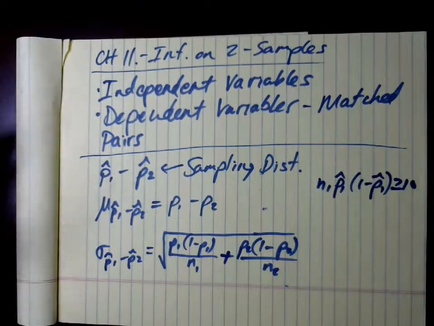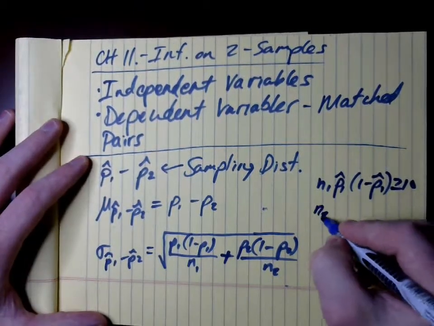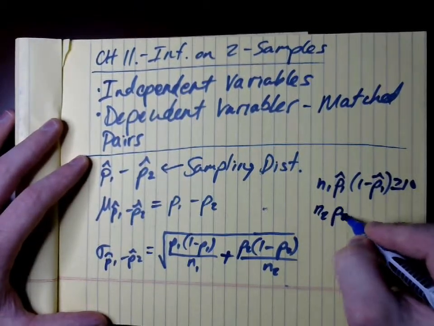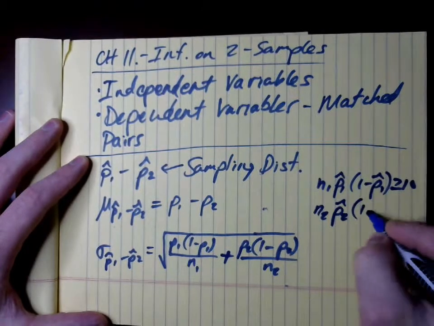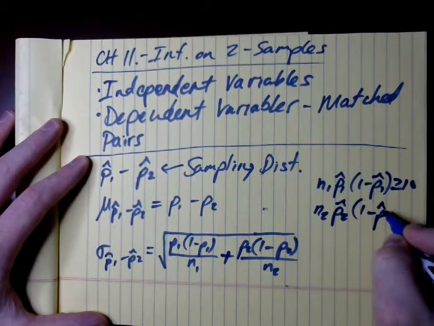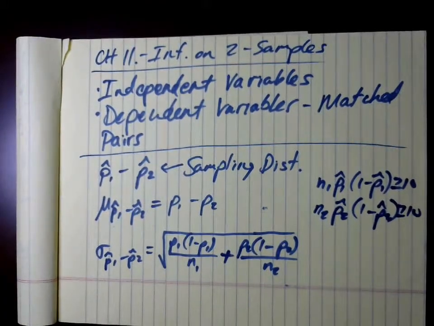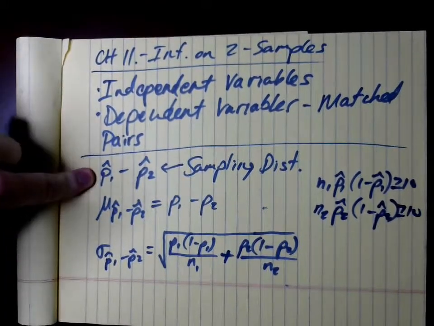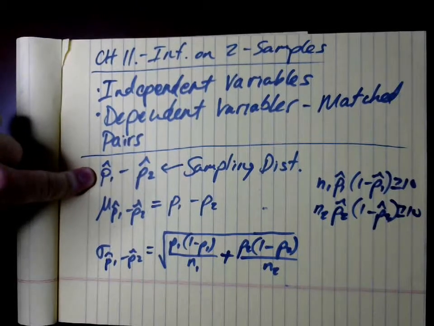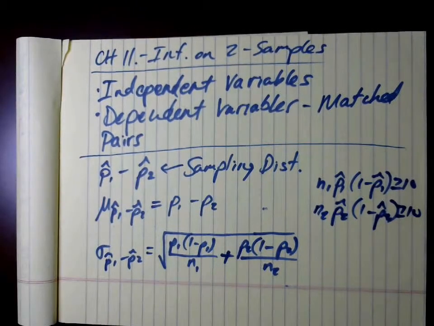But also, since we're taking two samples, we want n2 p2 hat (1 minus p2 hat) to be greater than or equal to 10. We need both of them to be greater than or equal to 10 in order for this sampling distribution to be normal. Okay?